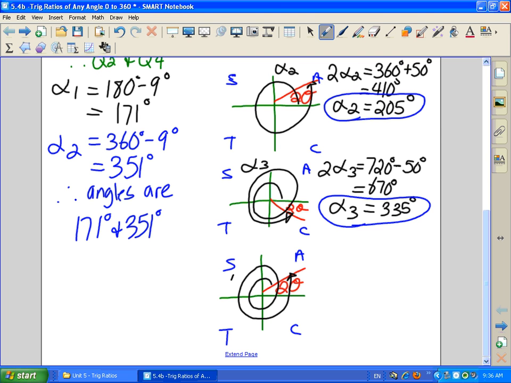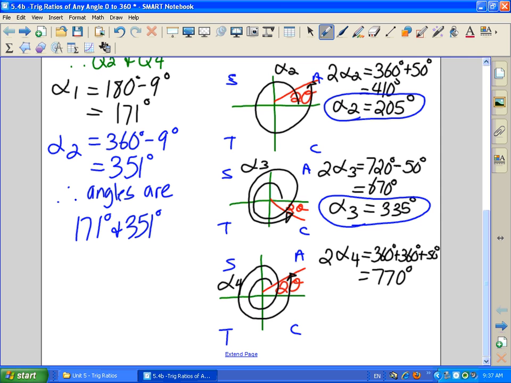So if we call this alpha 4, 2 times alpha 4 equals 360 plus 360, because that's 2 rotations, plus our reference angle, which is 50 degrees. Plug that in your calculator, you're going to get 770 degrees, which you should recognize is outside of the bigger limit, because the bigger limit stops at 720.